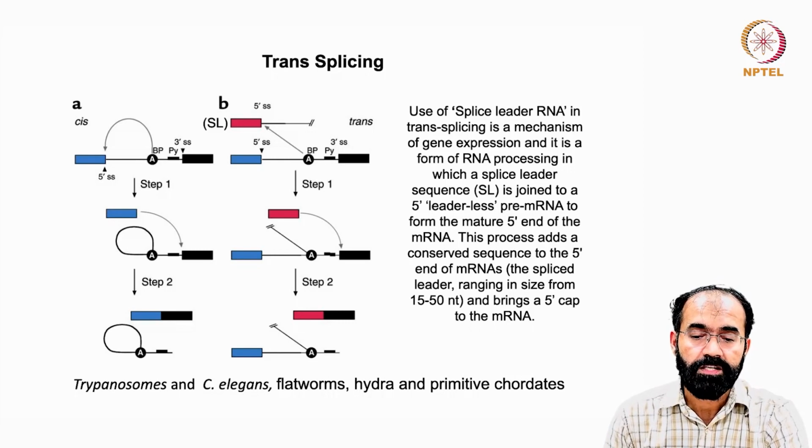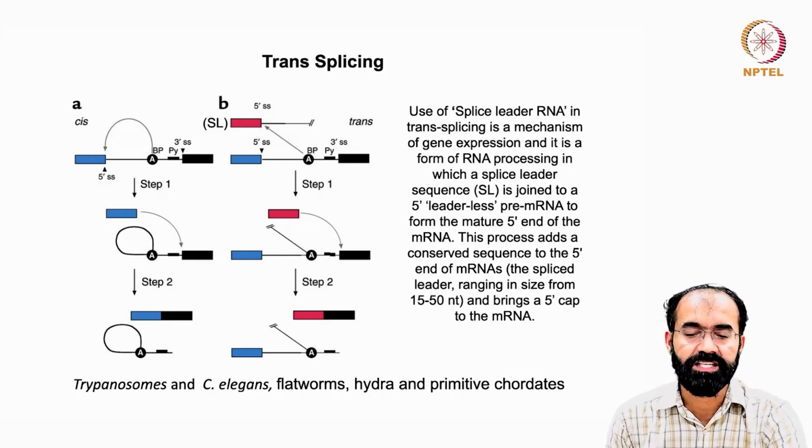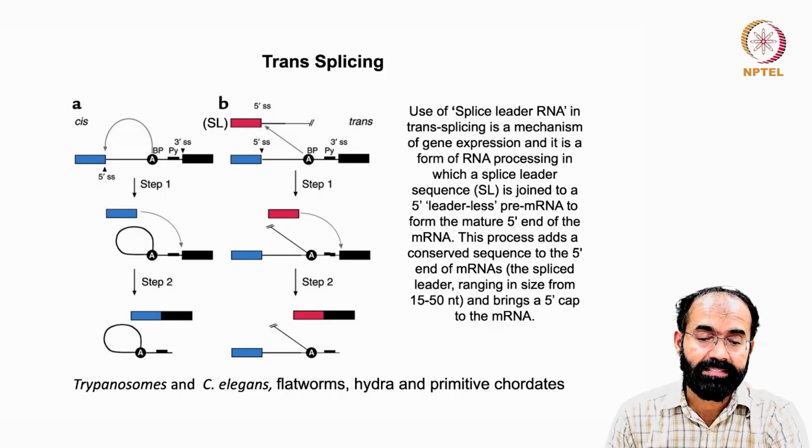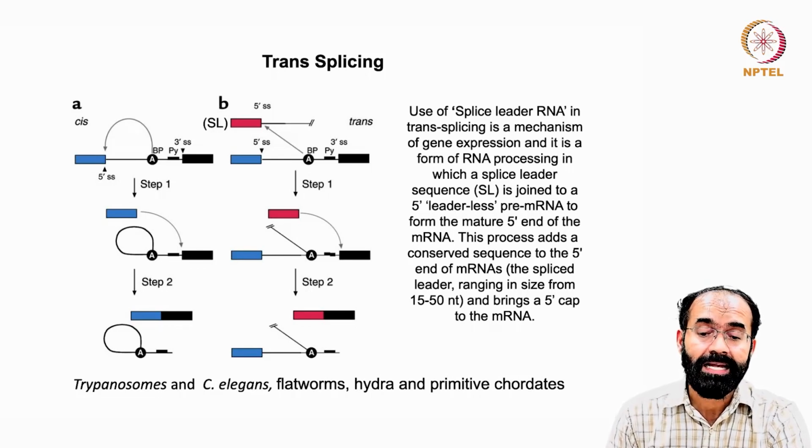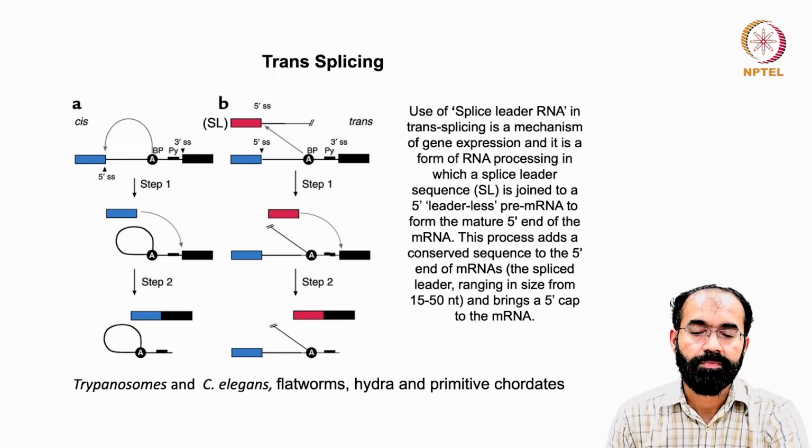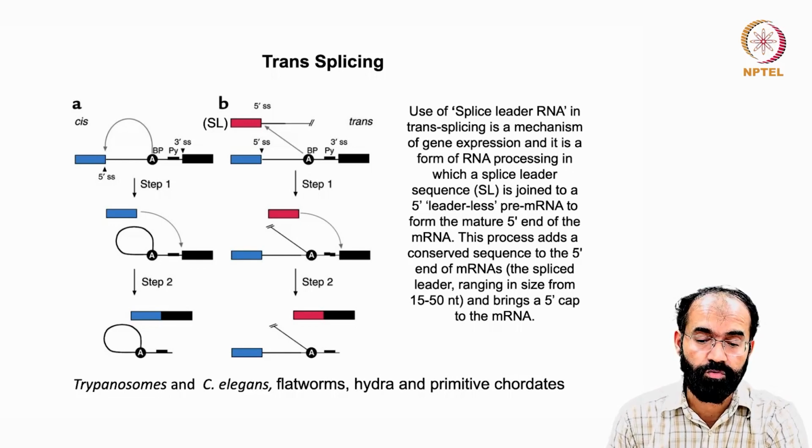The use of splice leader RNA in trans-splicing is a mechanism of gene expression that is a form of RNA processing, in which the splice leader sequence, SL, which you saw here shown in pink color, is joined to the 5' leaderless pre-mRNA to form the mature 5' end of the mRNA, so that it can process further downstream, which is lacking in this actual mRNA.